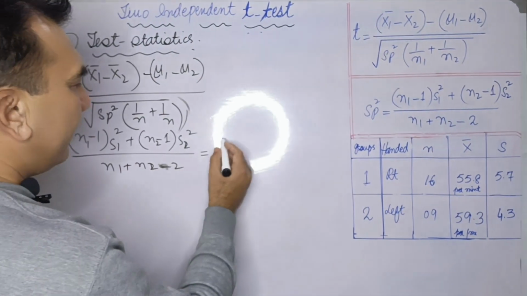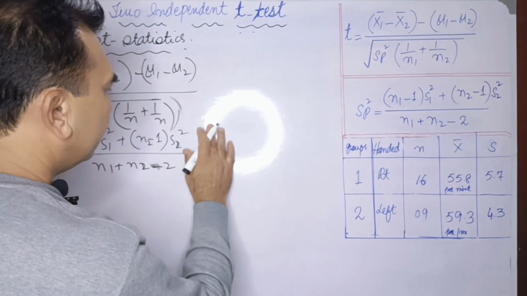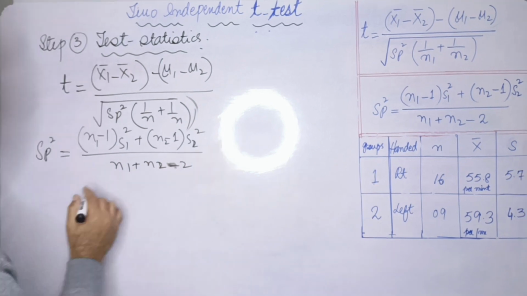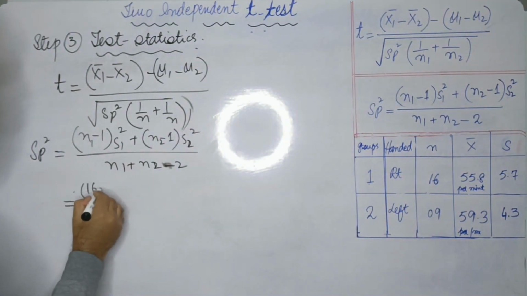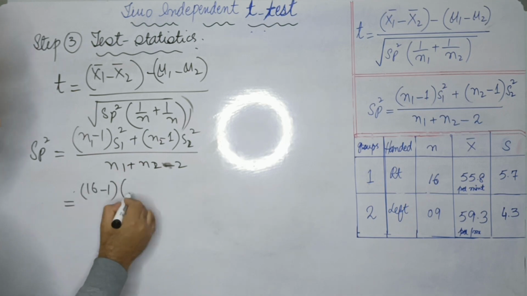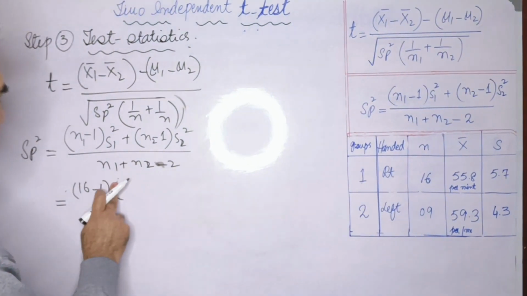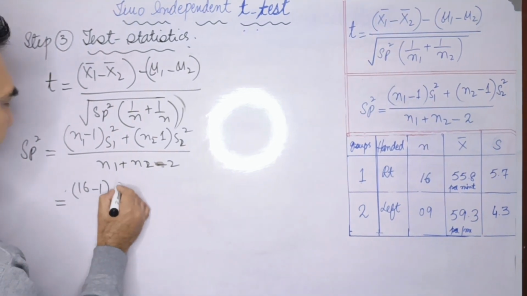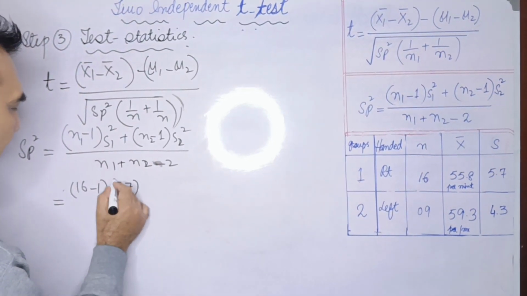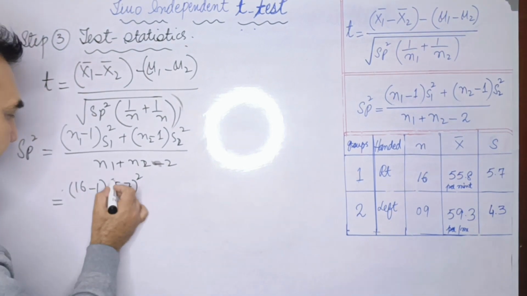What is n1? n1 is 16, and 16 minus 1 becomes 15. Now what is the standard deviation? The standard deviation for the first one is 5.7, and we will square it.